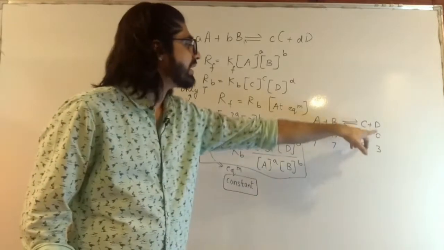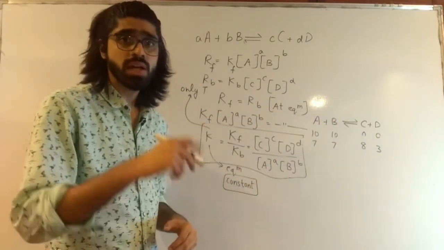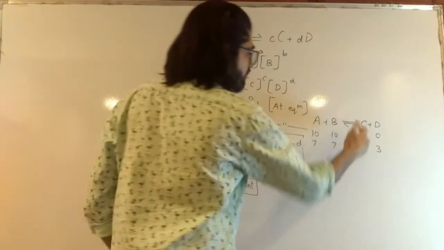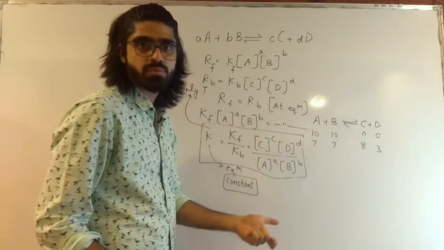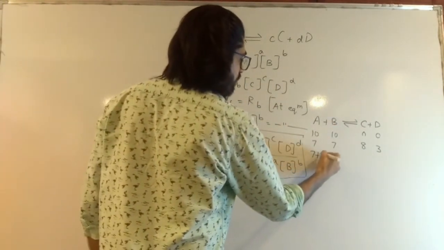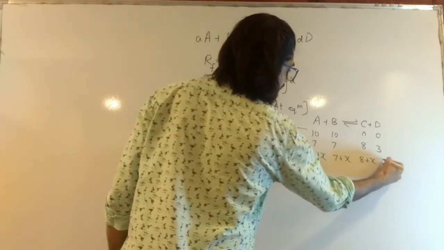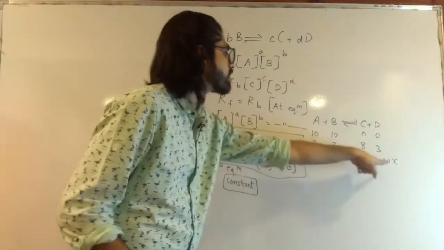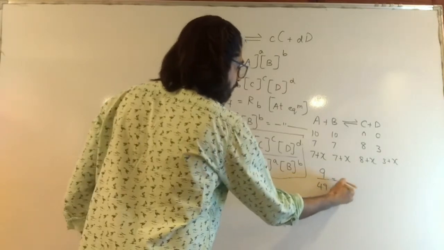So it will be C and D reacting to give you A and B, and that reaction will keep continuing till that K value becomes 9 by 49. Let us say X moles of C react and X moles of D react to give you X moles of A and B. So at equilibrium, the concentrations will now be 7 plus X, 7 plus X, 8 minus X, and 3 minus X. And now you can actually say that because these are the concentrations at equilibrium, you will have 9 by 49, which was the K value.